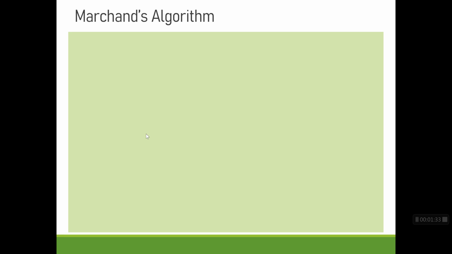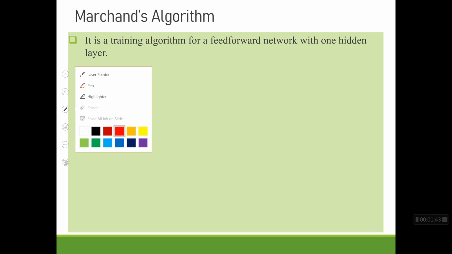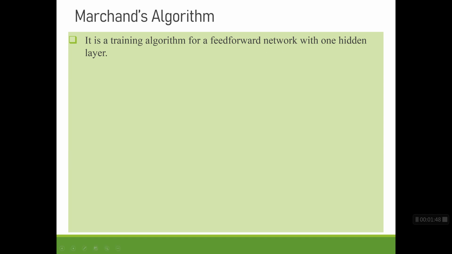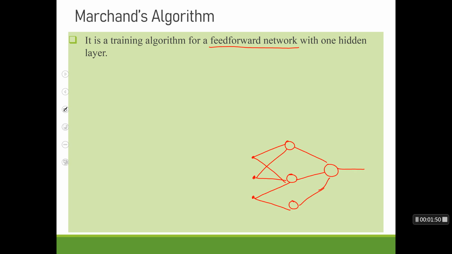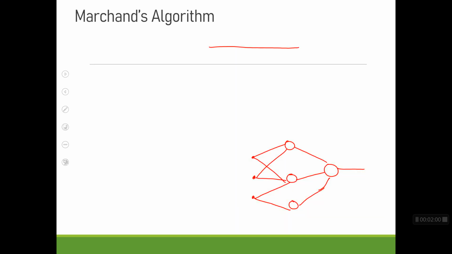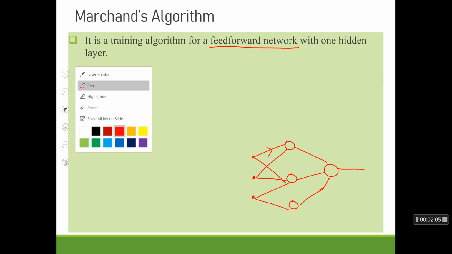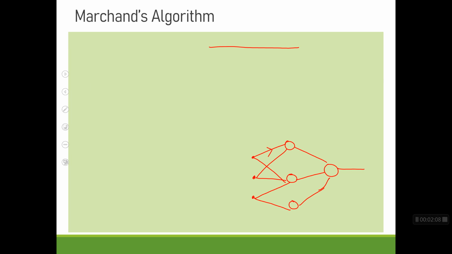Now in Marchand's algorithm, it is a training algorithm for a feed-forward network with one hidden layer. So we know what a feed-forward network is. What I have drawn here, you can consider as a feed-forward network with one hidden layer, and you can see the connection of the weights.